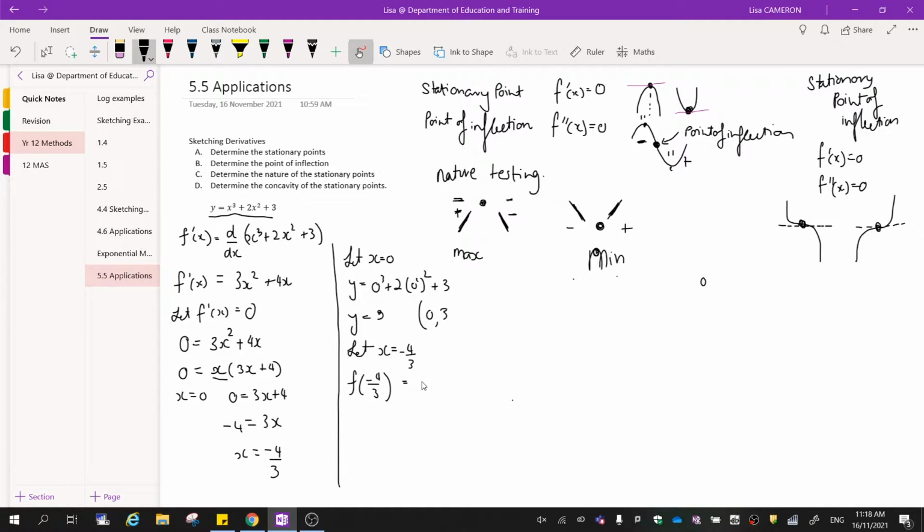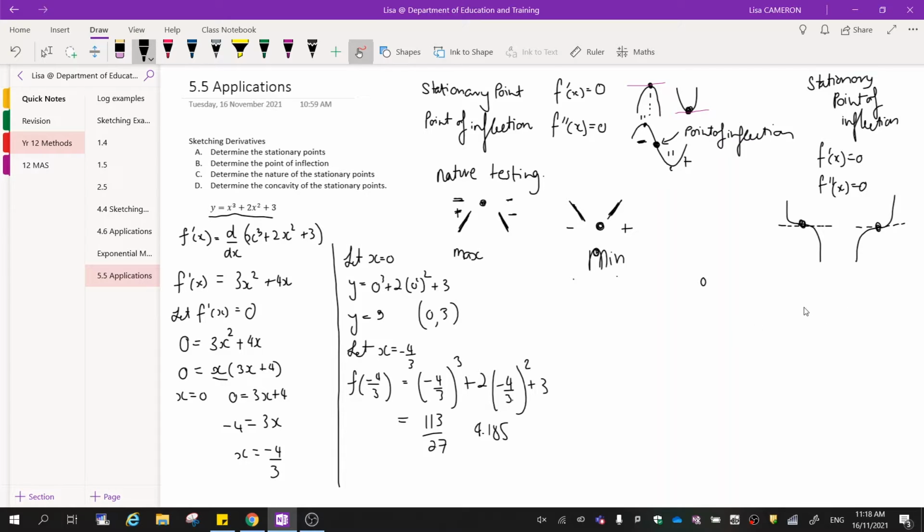So there we go, negative 4 on 3 cubed plus 2 times negative 4 on 3 squared plus 3. So that's going to give me 113 over 27, or about 4.185. Okay, so what we found is they are the coordinates of where this thing happens.